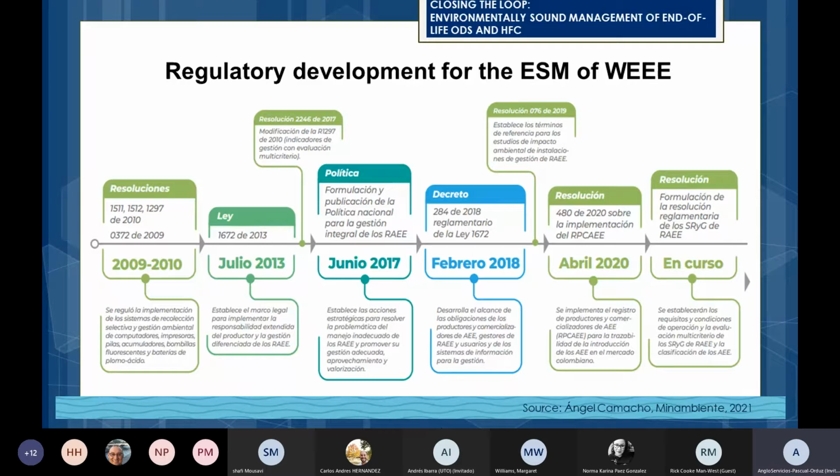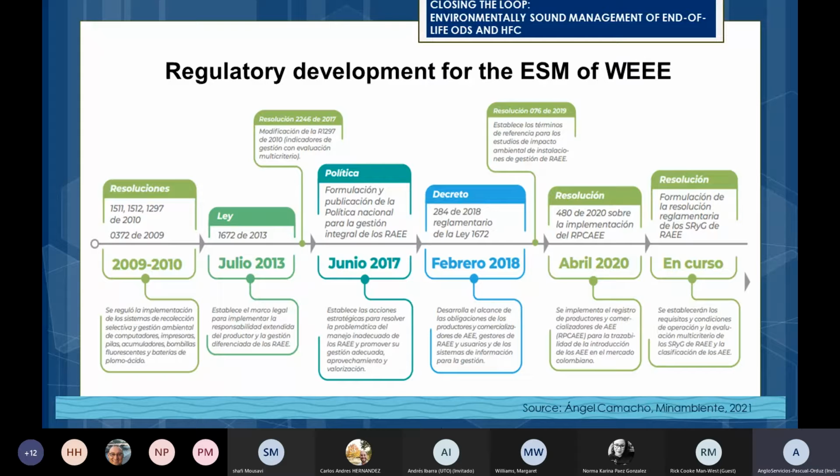The regulatory development. So we need to establish resolutions. That was since 2009, 2010, and in July 2013, a new law was passed for the comprehensive management of WEEE. Then in 2017, there was a new policy for WEEE management, and then we've been working on the regulation of that law, specifically for waste of electric and electronic equipment management.